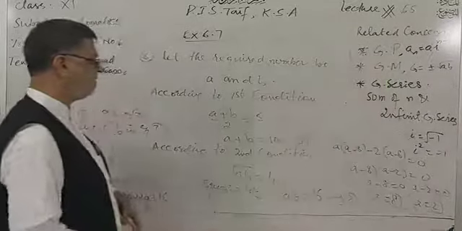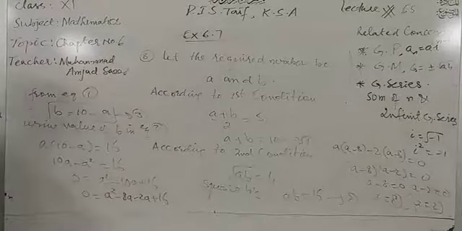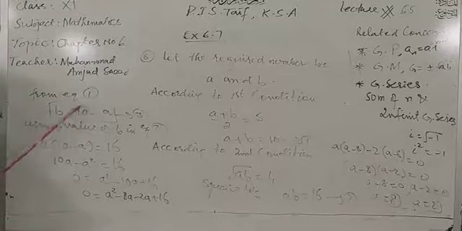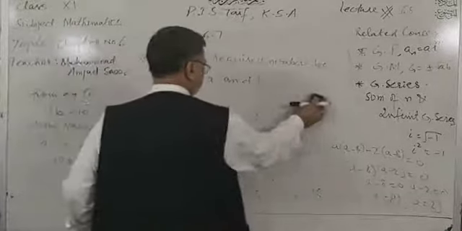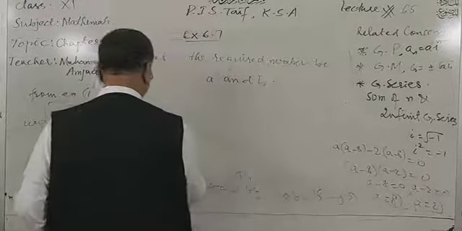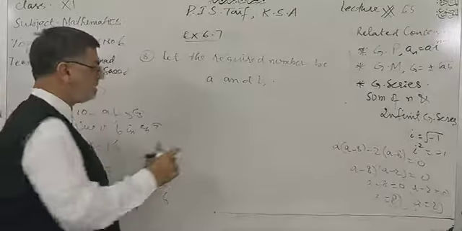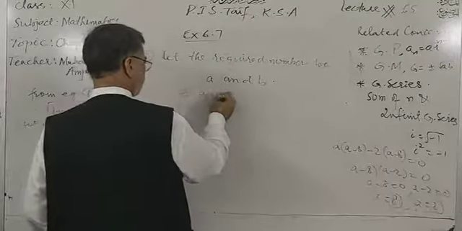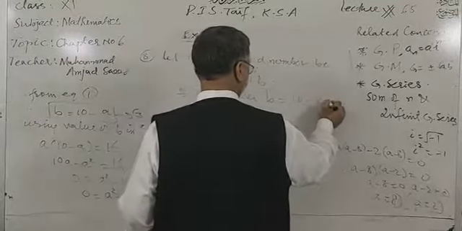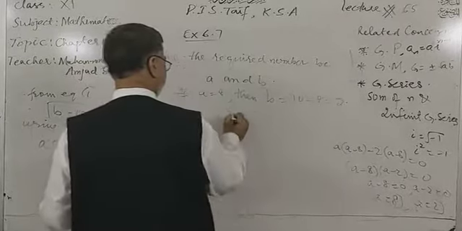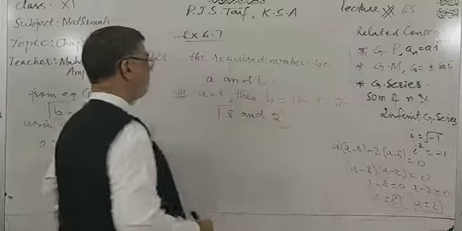Dear students, we have two values of A. These values will be applied in equation number 3 to find the value of B. If A is equal to 8, then B is equal to 10 minus 8, which is 2. So 8 and 2 may be the two numbers.